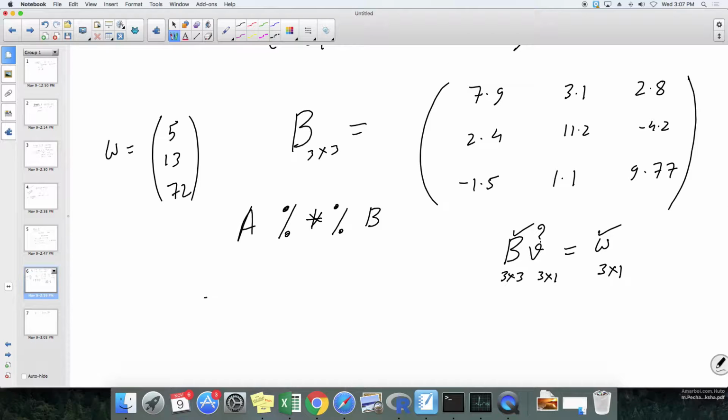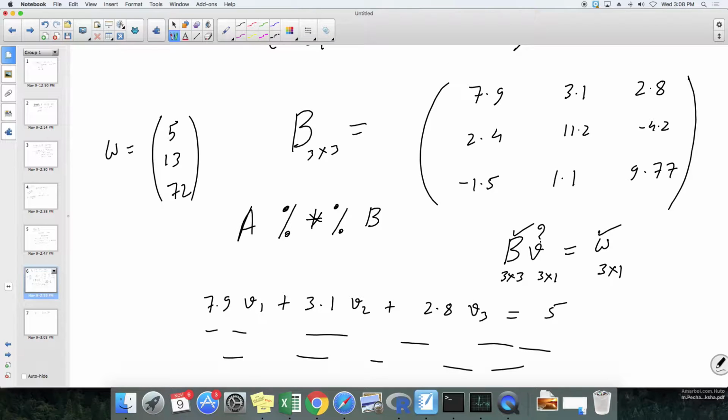The first equation shall be 7.9 times V1 plus 3.1 times V2 plus 2.8 times V3 equals 5. Similarly, there is a second equation, there is a third equation.